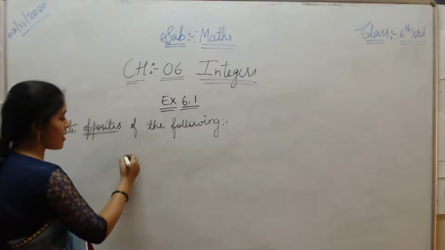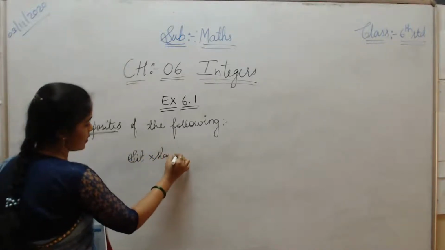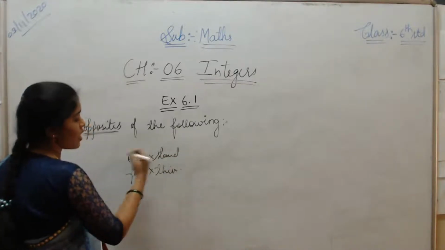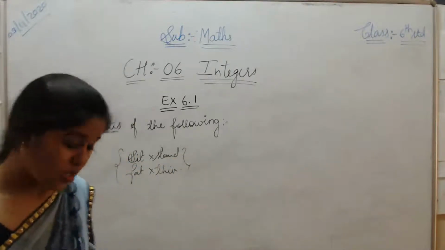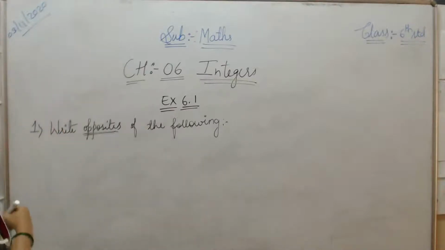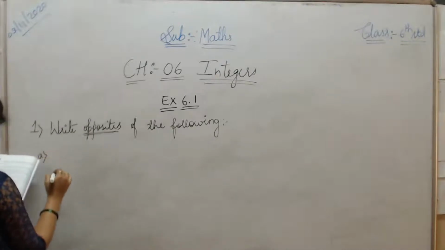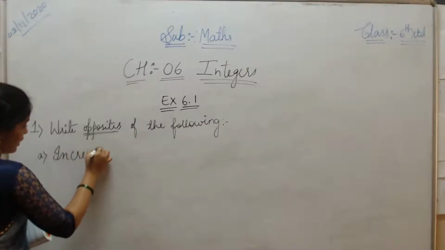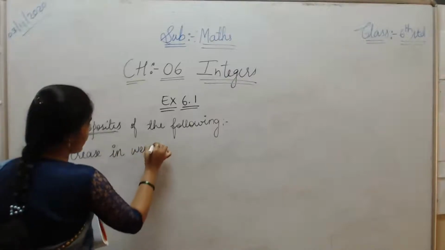Opposite means, for example, sit, stand, fat, thin. So these are opposite words. Let's see what is the opposite of the given statement. Here in A, increase in weight.